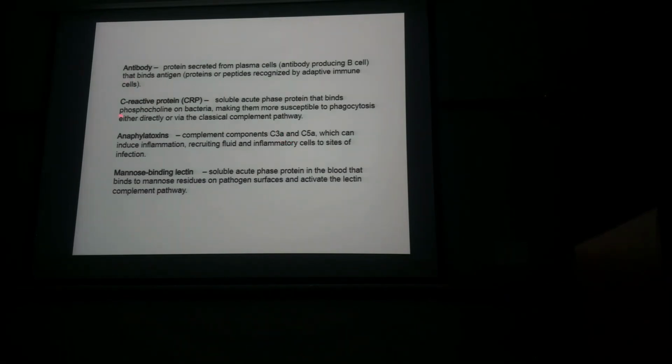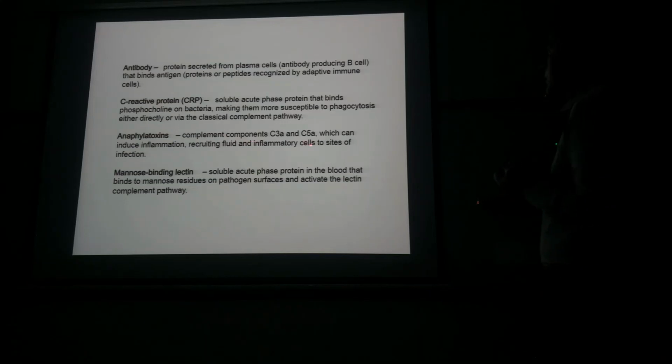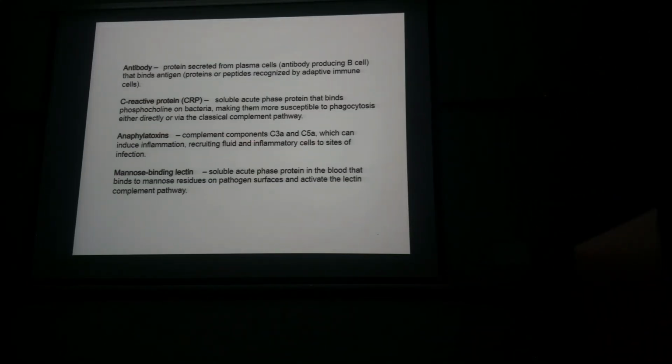So C-reactive protein is also used for labeling the pathogens inside the body. You should remember it: just like antibodies or the complement factors, C-reactive protein can also do the same thing. Then anaphylatoxins, you know about C3a and C5a, that they can act as anaphylatoxins and chemoattractants.